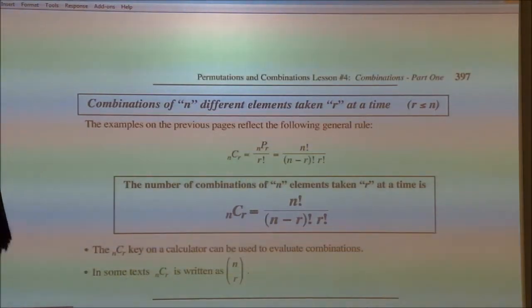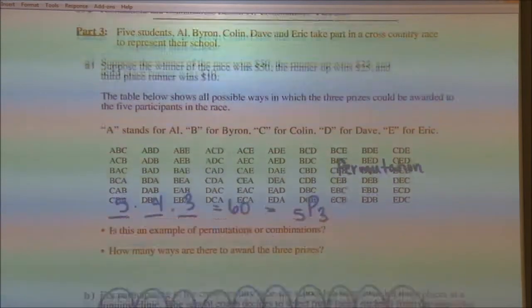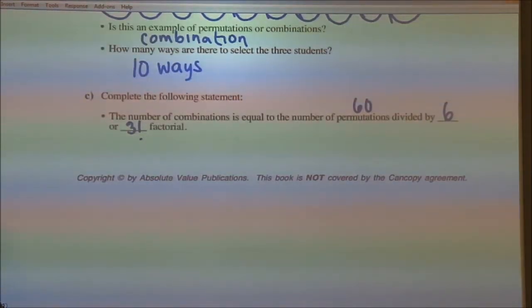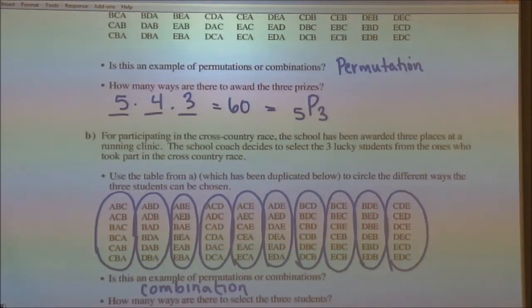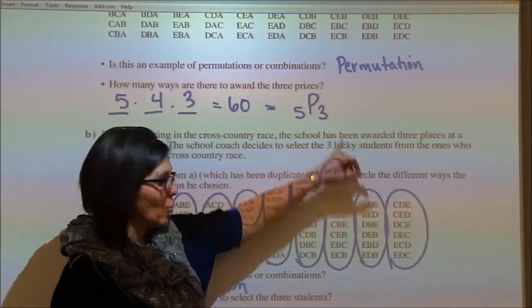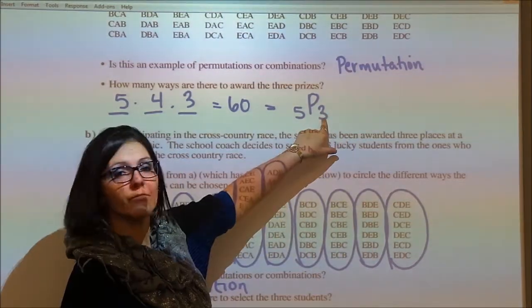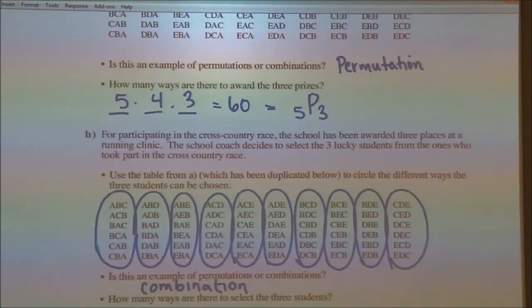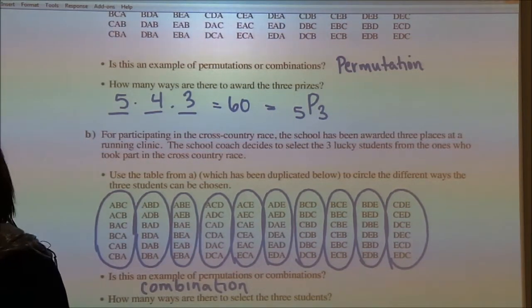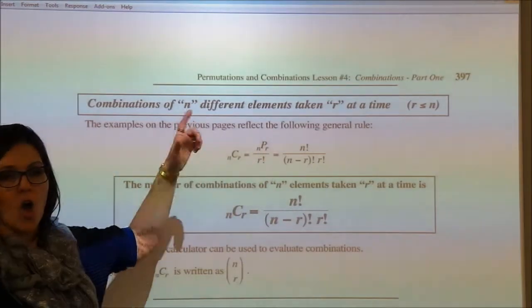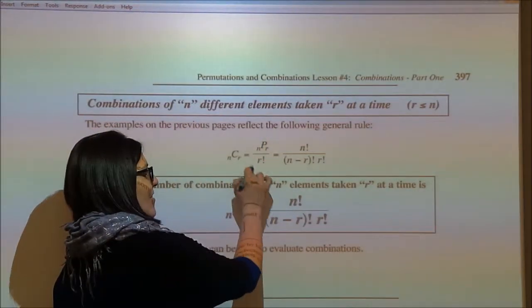So if I look back on this page, in terms of permutations, I had 5P3, which I then divided by 3 factorial. So that's the first part that's shown, this part right here. On your formula sheet, you're not given this.